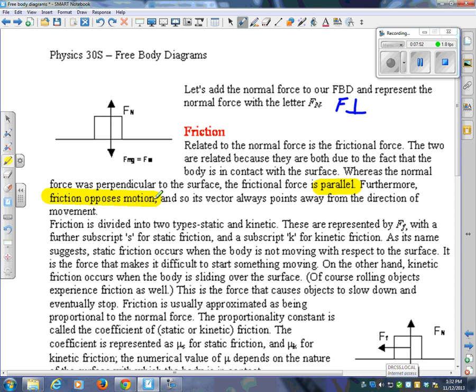If it's really, really heavy. Exactly, if it's really, really heavy. Like, say, my big filing cabinet full of old exams and stuff. If I just push on it sort of weakly, it doesn't move, does it? How come? Friction. Right? But if I push hard enough, then I'm going to overcome friction. Okay? So friction opposes motion. It's not always opposite to the motion, because there might not be motion.